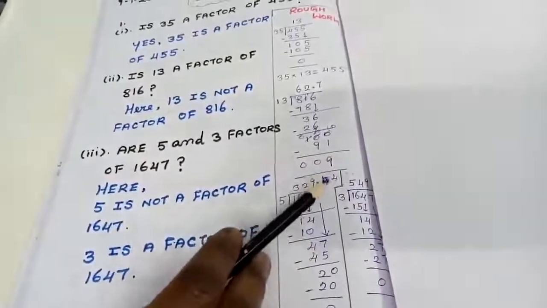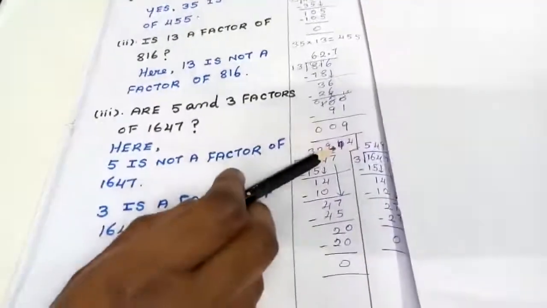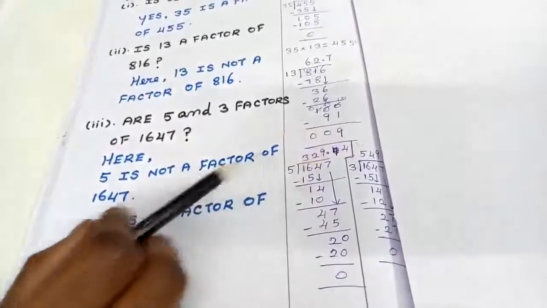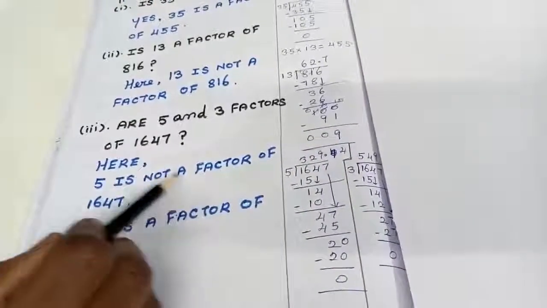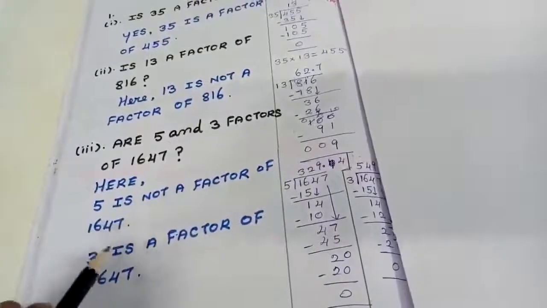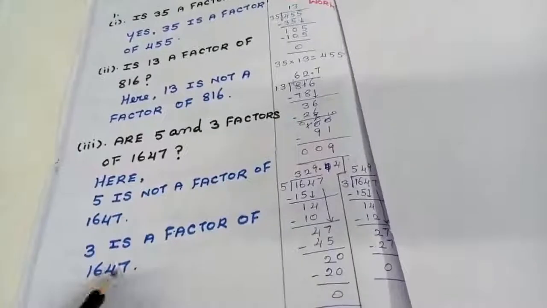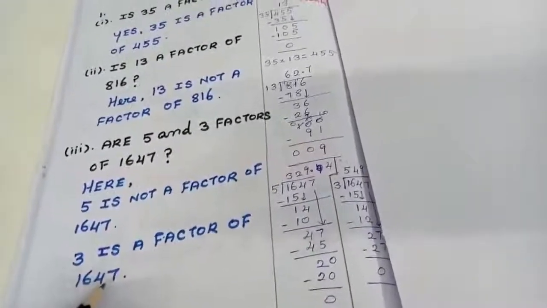That will not be accepted. After the decimal point, it will not be accepted in the case of a factor. So 5 is not a factor of 1647, and while dividing by 3 I will be getting the remainder 0. So 3 is a factor of 1647.